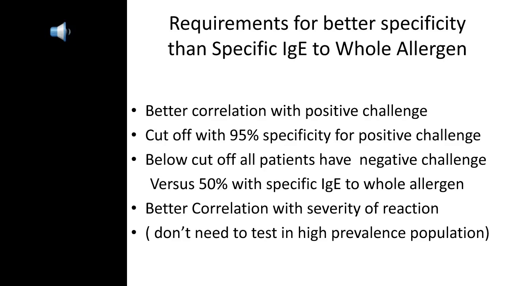A better technique would also correlate with the severity of reaction. We're not going to get over this problem if people start screening whole populations with these antibodies. No test is going to help, because the prevalence of the condition is too low.